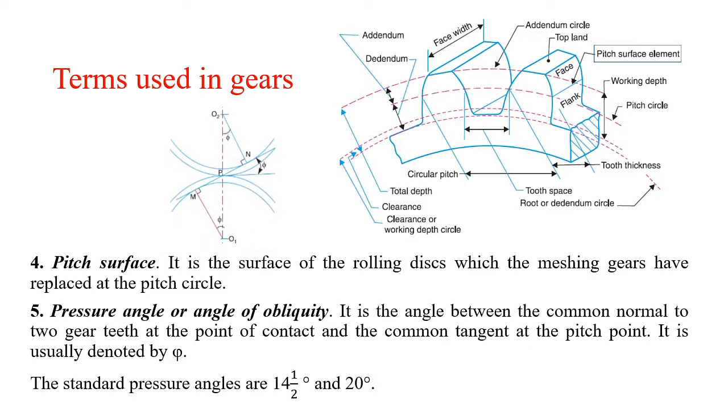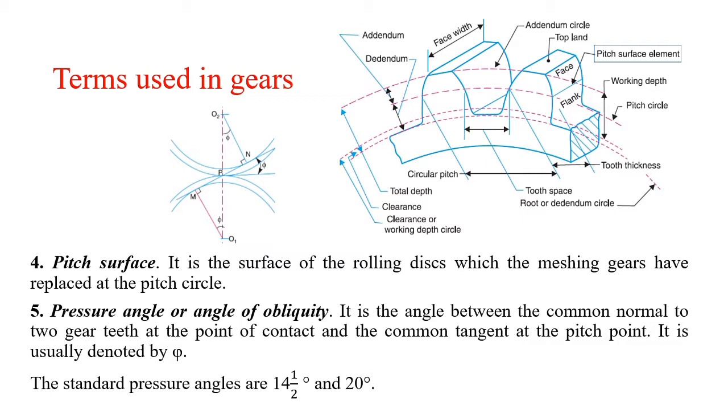So in the diagram, observe the common normal to the two gear teeth at the point of contact, represented by Mn. That common normal Mn is tangent to the base circles, and it passes through the pitch point P. The common tangent at the pitch point is the horizontal line passing through that pitch point.